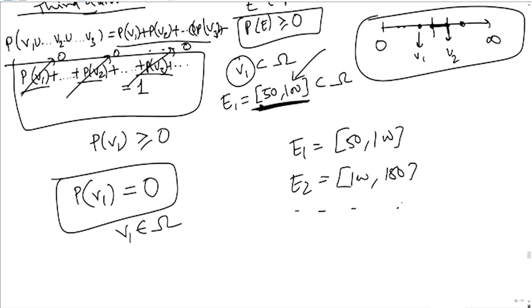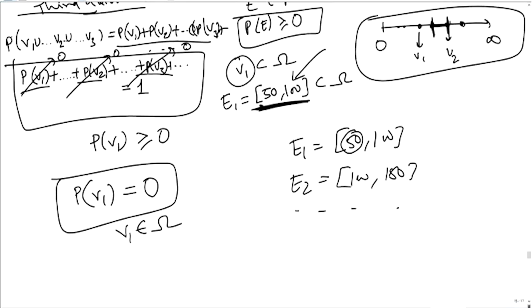It can still assign probabilities to events E1, E2, E3, which are intervals containing an infinite number of values between certain bounds. So, although the probability of 50 will be 0, and the probability of 100 will be 0, the probability of obtaining a recognition time between 50 and 100 would be non-zero. So, this can be assigned by a probability assigner function.